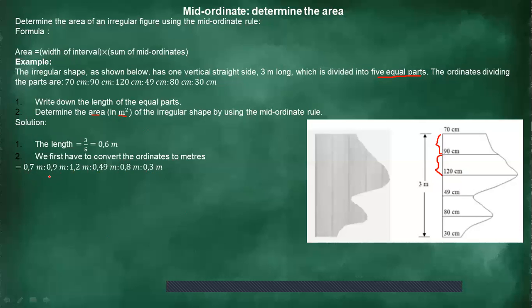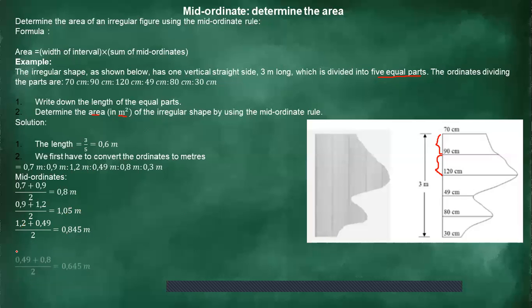Then we can now determine the mid-ordinates. You take the first 2 ordinates, you divide by 2, and it gives us 0.8 meter. The second one, you add them together, divide by 2, it gives us 1.05 meter. The third one, 1.2 plus 0.49 divided by 2, gives us 0.845 meter.